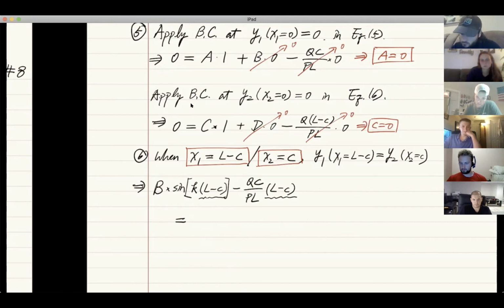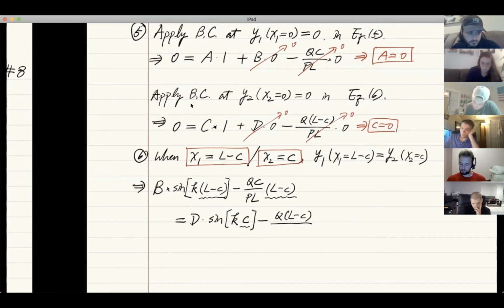Right? So here is D times sine K times C. That was x2, minus Q times C, minus K Q times not C, but it's L minus C, right?